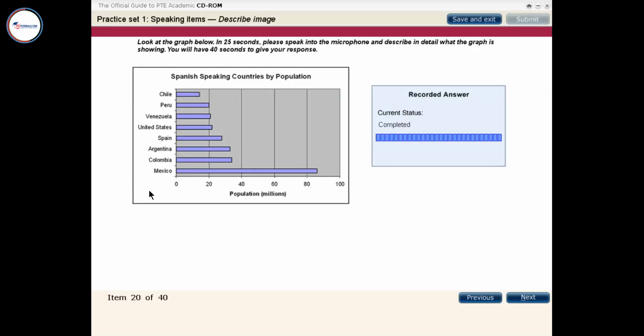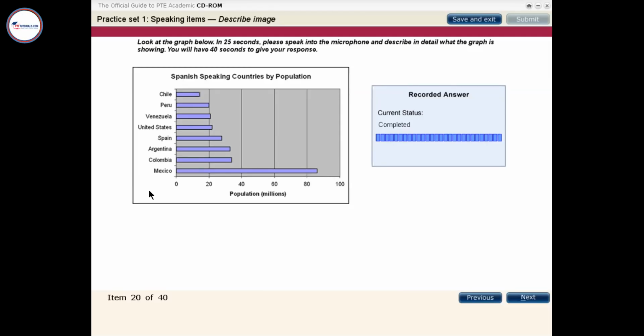Okay. Sorry. Right. So I'll speak. It's a horizontal bar, right? The single color horizontal bar talks about Spanish speaking countries by population. On x-axis, we have population in millions that starts with 0, 20, 40, up to 100.